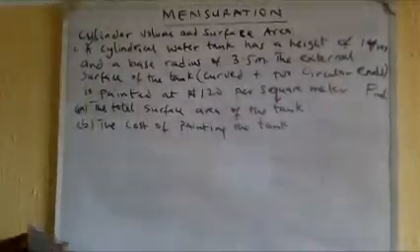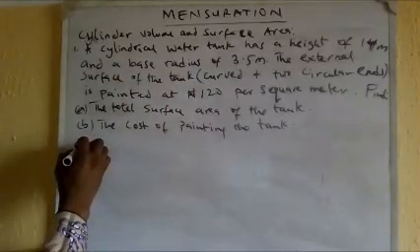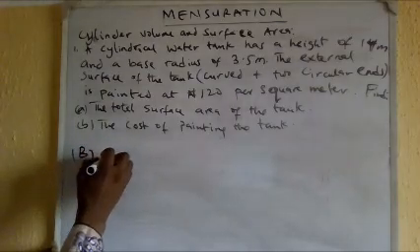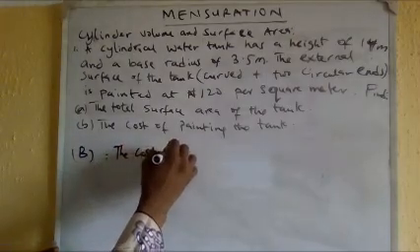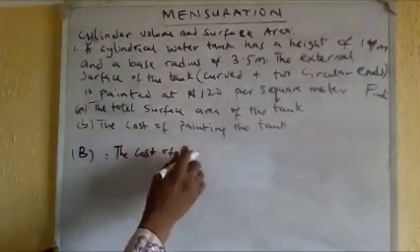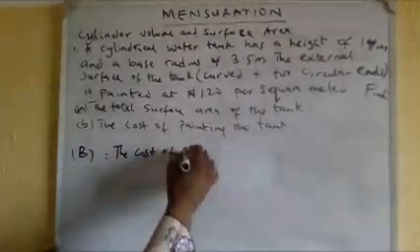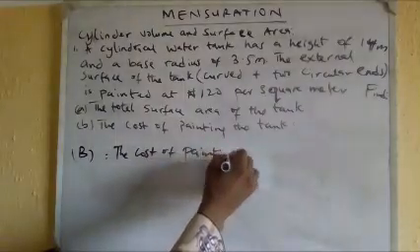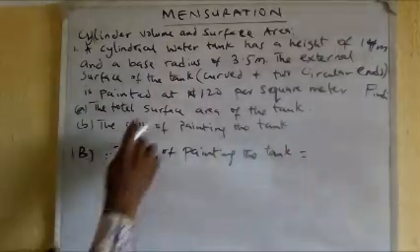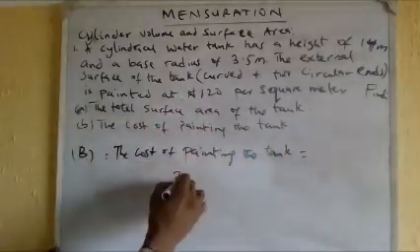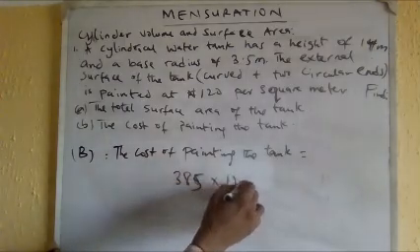Just multiply. So question B, the cost of painting the tank, is what we got, 385 meter square, times 120.